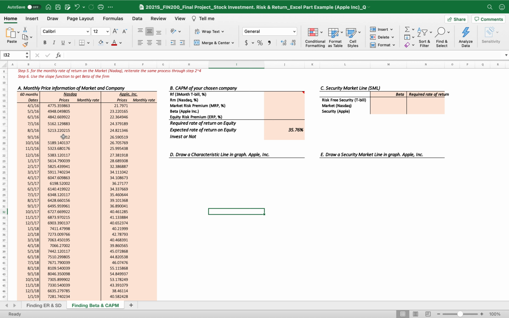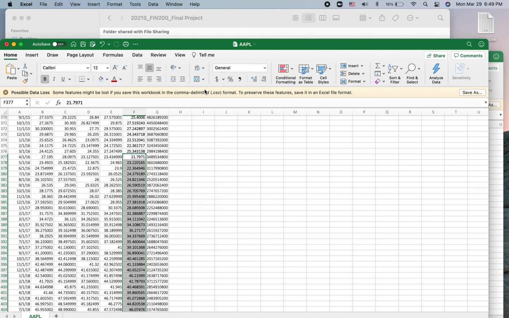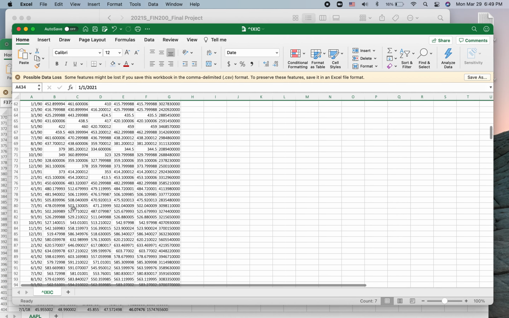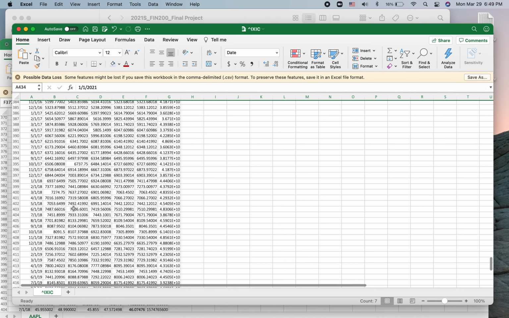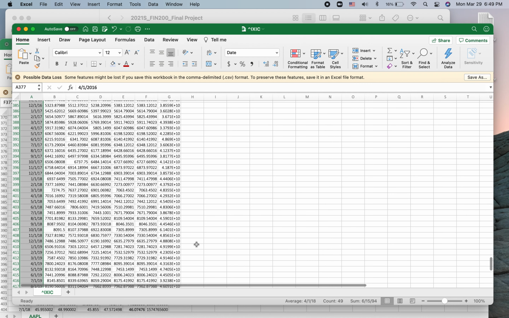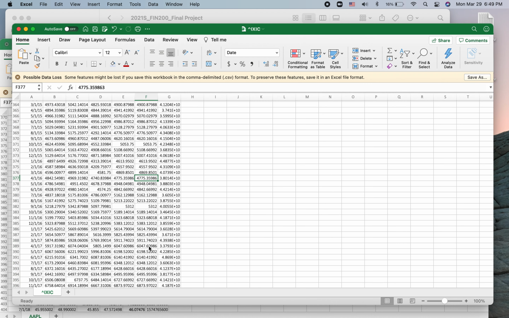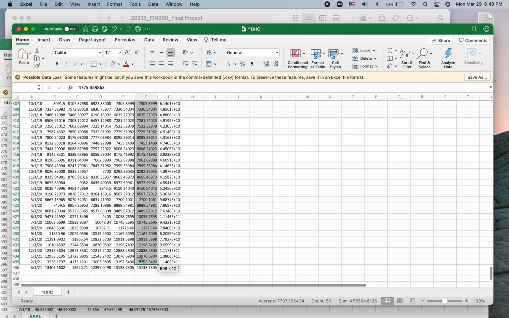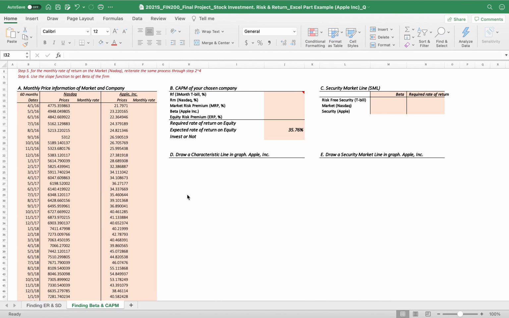Once we collect the Apple stock price on a monthly basis for the recent 60 months, we also collect the market prices for the recent 60 months. There you go. We have the monthly market prices from here to March 1st, and then copy and paste to here.